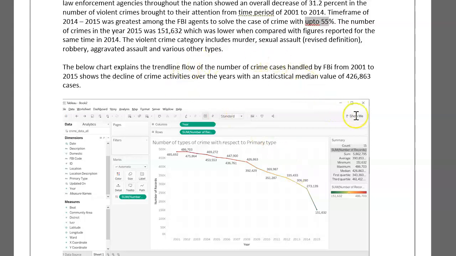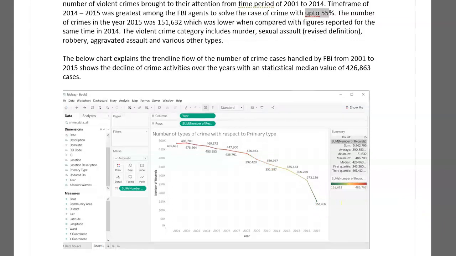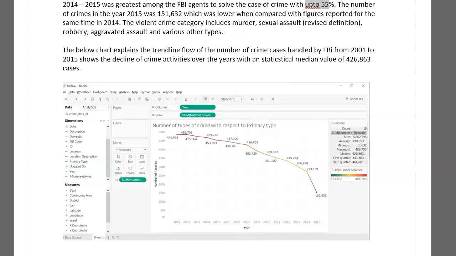As I said, in 2015 we have much less crime reported, and that in turn provides better satisfaction to the FBI as well as the police department.